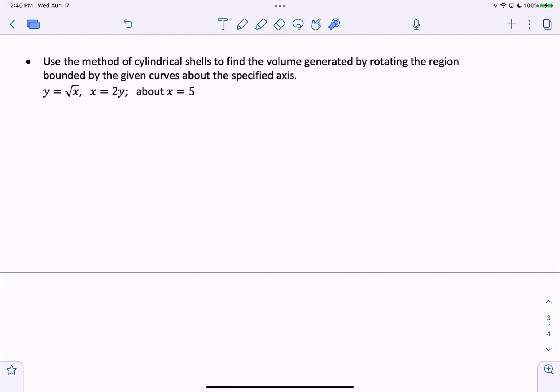This one got a little tedious, didn't it? All right, the height is going to be upper function minus lower function, so square root of x minus x over 2. Remember, we're in terms of x, so I'm solving everything for y. And then the radius is going to be 5 minus x, right? That's the distance between the axis of rotation and the representative rectangle.